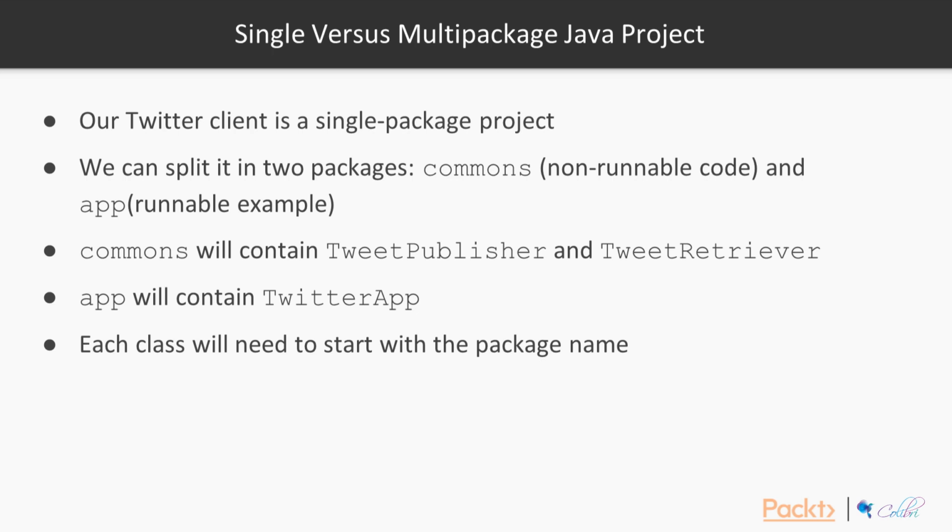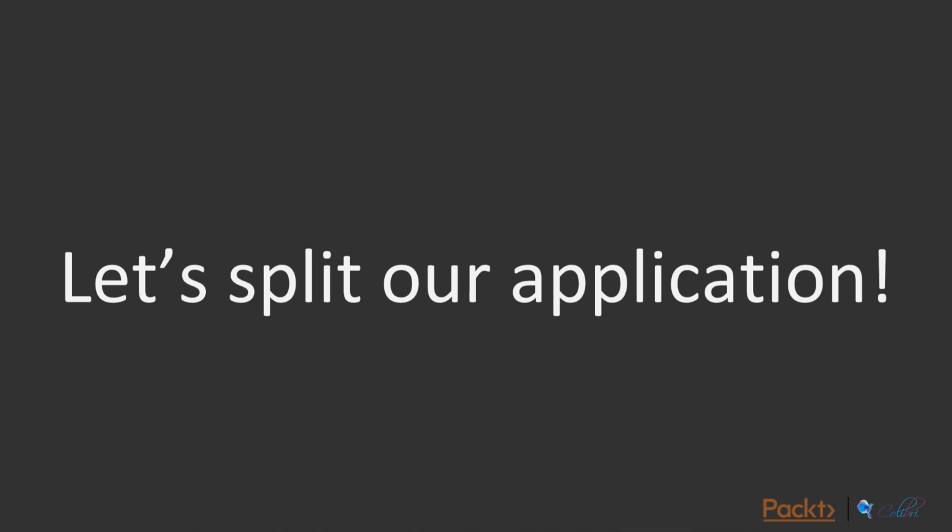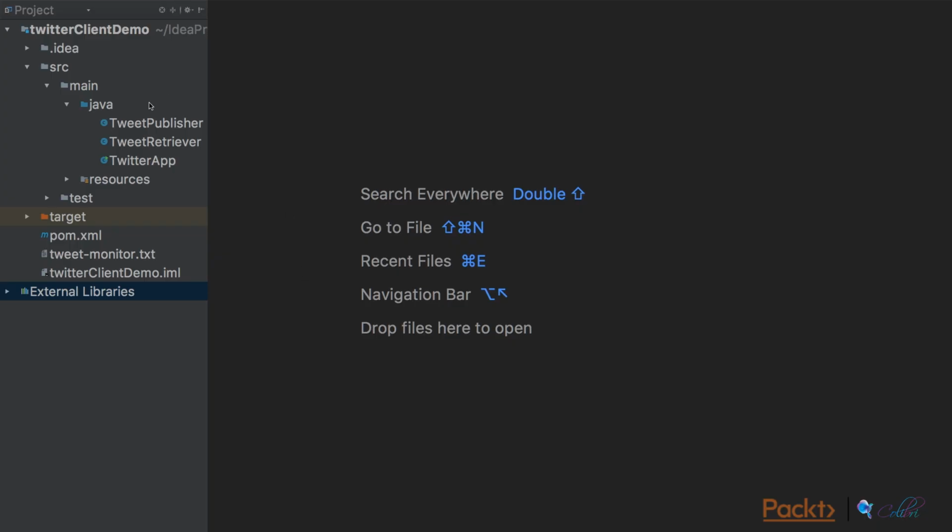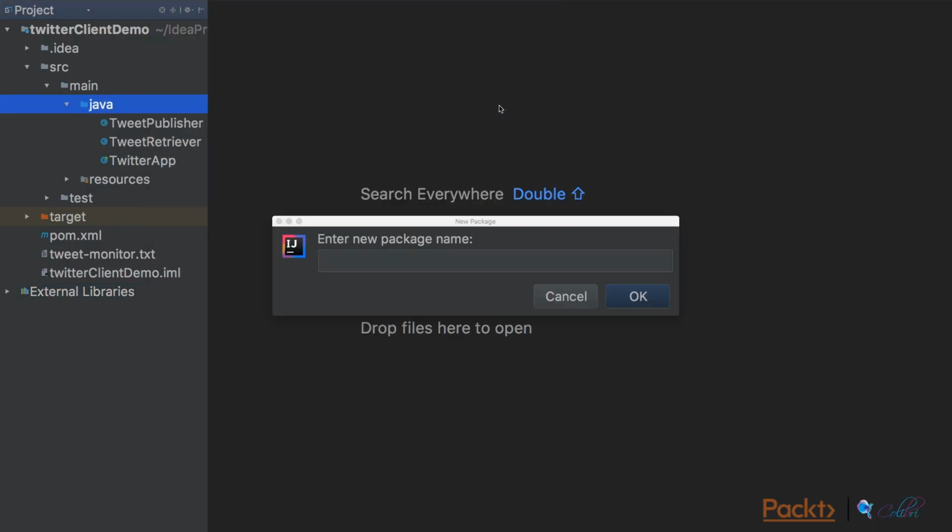Once we do this, you will notice that we will start addressing the classes with the package names and that we will have to use import statements in our Java code. Let's now switch over to IntelliJ to do the actual splitting of our application.